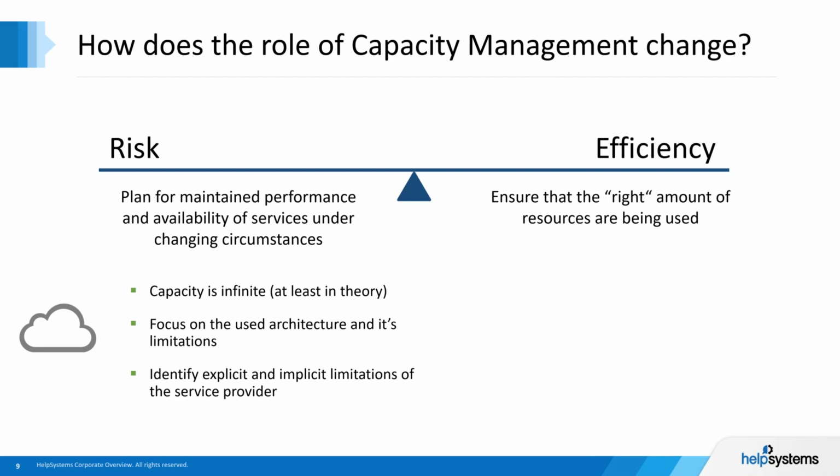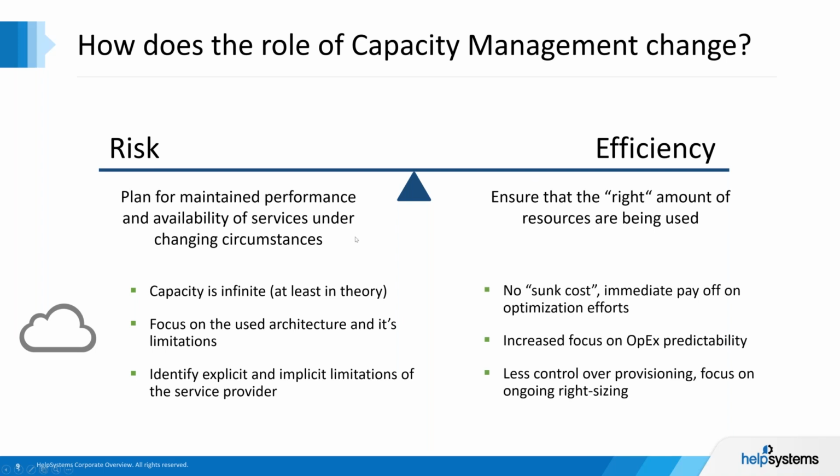And no matter how good a job your service provider or the public cloud provider does, there may be instances where you hit a brick wall and you can't expand, or you can expand, but that expansion causes you to move across multiple physical locations, which causes latency to your application, or incurs a different type of cost than you're used to. So identifying and understanding the limitations of your service provider is also a big part of managing the risk in the cloud. From an efficiency perspective, it's also different.